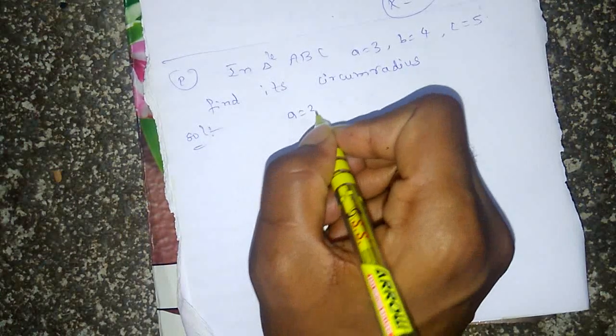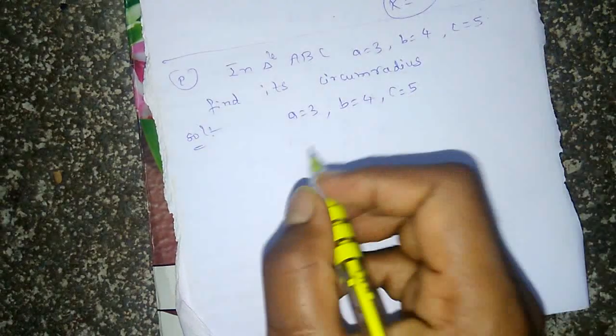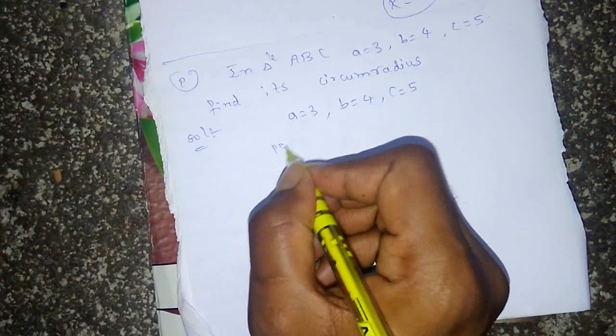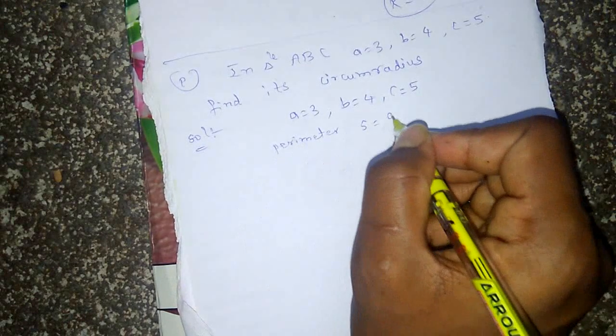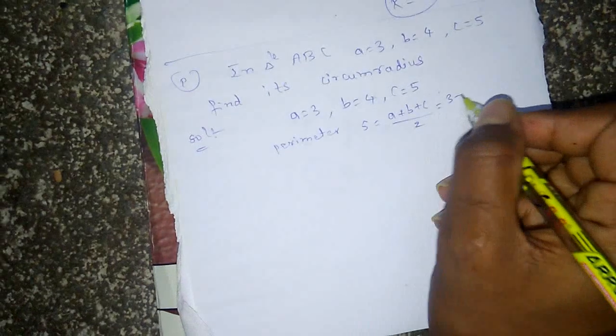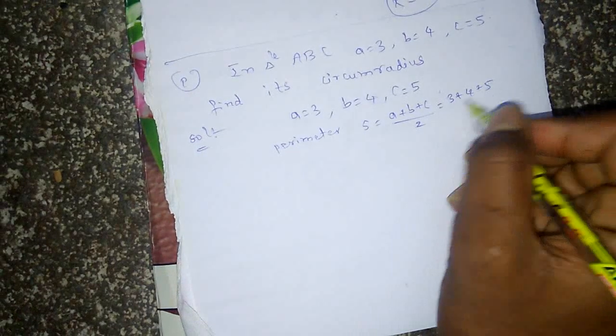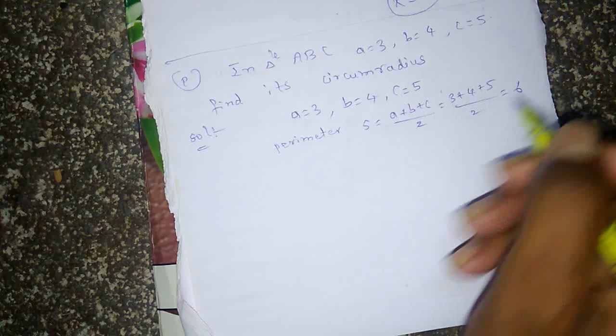Here given a is equal to 3, b is equal to 4, c is equal to 5. Next find the perimeter s. s is equal to a plus b plus c by 2, that is 3 plus 4 plus 5 by 2. 5 4s are 9 plus 3 is 12, by 2, that is equal to 6.